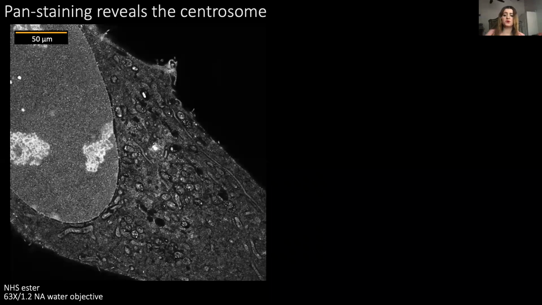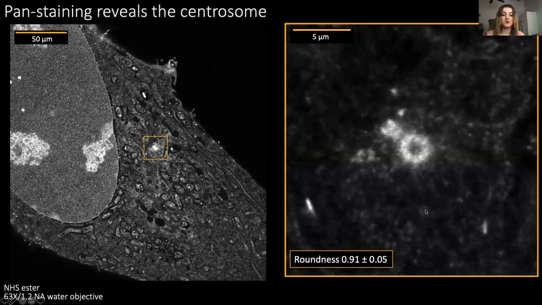We then asked whether protein complexes are reasonably preserved with Pan-ExM. One such complex is the centrosome, which appears extremely bright in the NHS ester channel, since it's very dense in proteins. Fortunately, centrioles that comprise the centrosome appear perfectly circular in Pan-ExM processed samples, suggesting an isotropic expansion at the nanoscale.